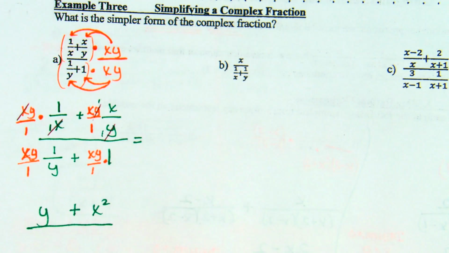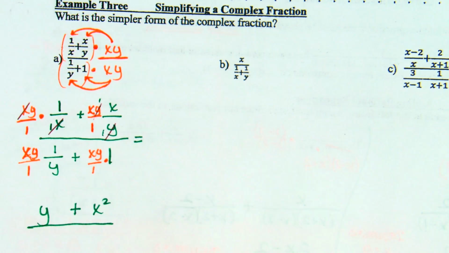Do the denominator. It was xy times 1 over y. So when we do xy times 1 over y, what happens? The y's cancel. What remains when the y cancels? x. You can say x over 1 if you want, but you're catching on to the fact that x over 1 is just x.